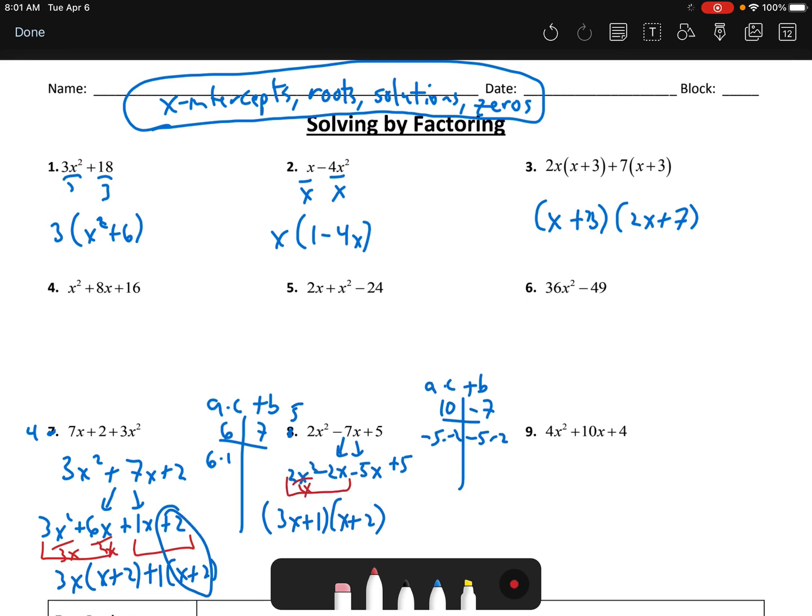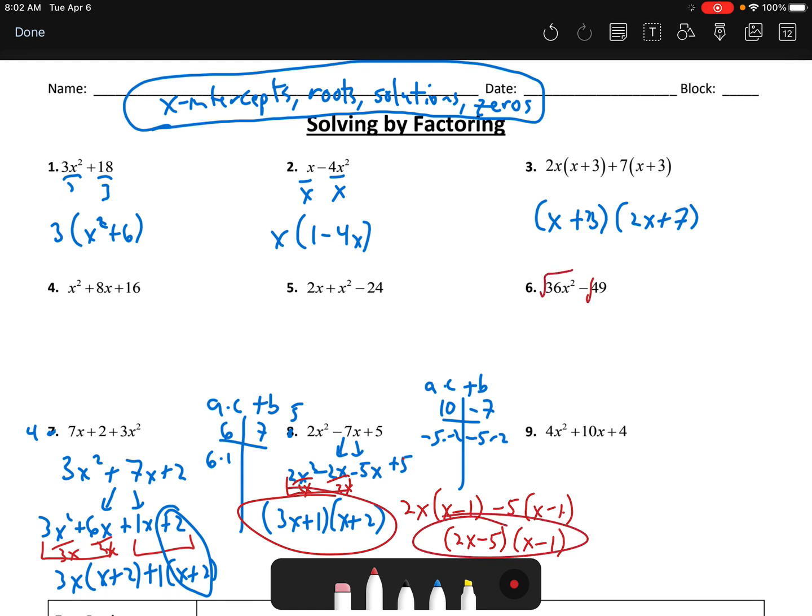I'm going to take 2x out of that, and it's going to be x minus 1. x minus 1. Divide 5 by negative 1, negative 5. So that's our result. So that's 4. This is 5. And then 6 is the difference of squares. So 6x plus 7, 6x minus 7.